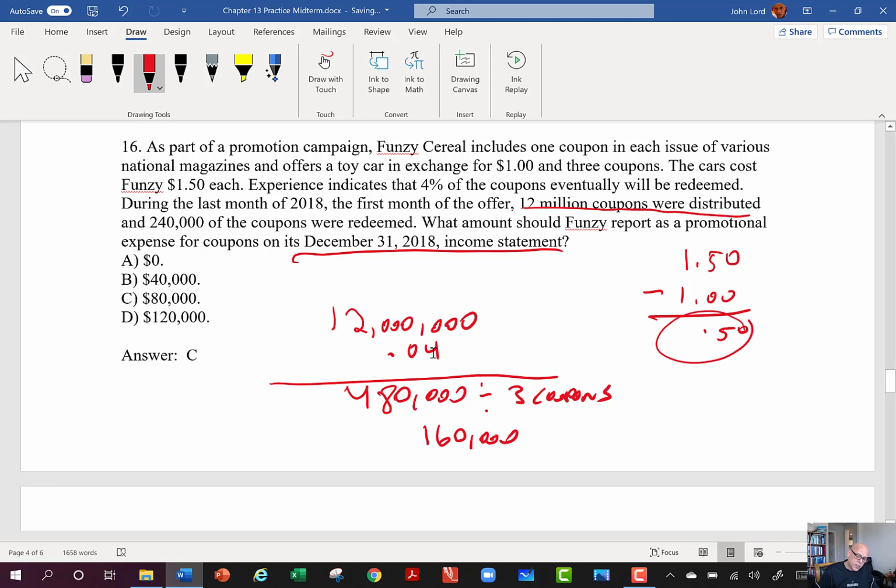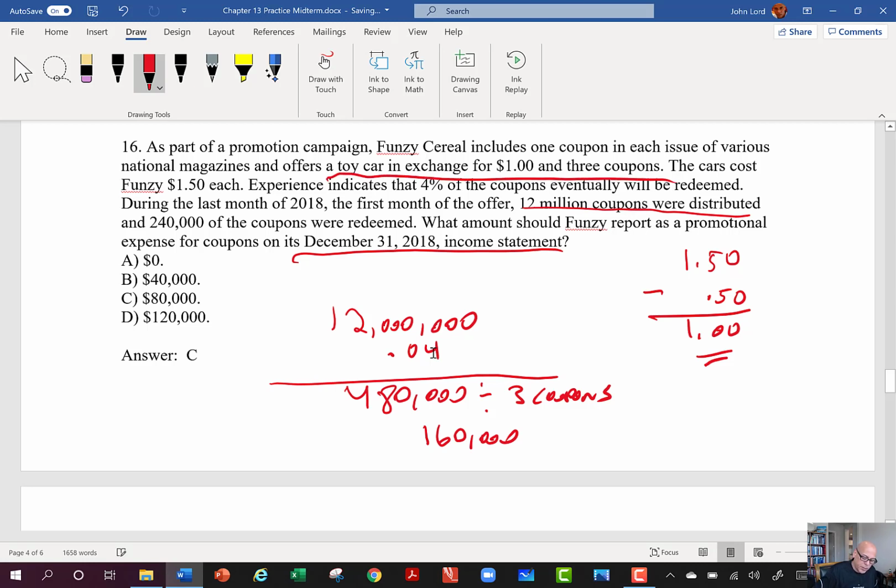But our net cost, because they also have to send us money. How much do they have to send us? Sorry, guys, they don't send us $1. They send us 50 cents. I misspoke. So the net cost of the car is... I got this backwards, guys.